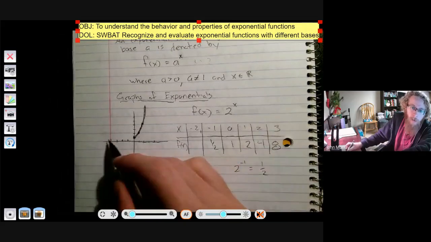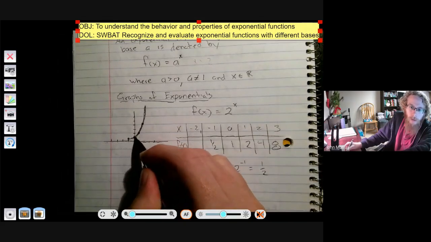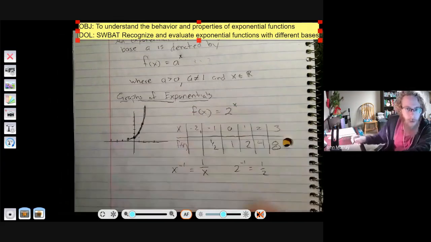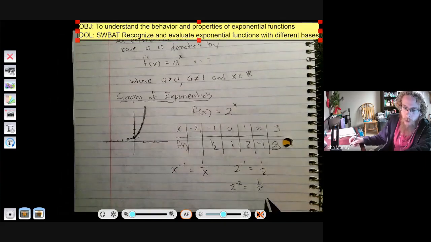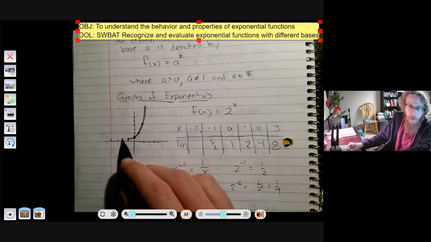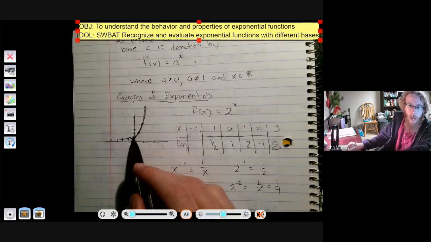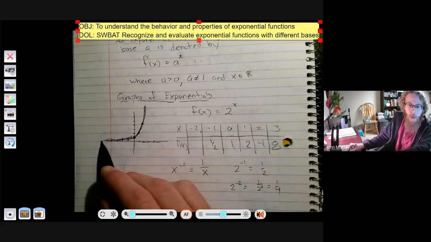Okay, so on this side of my graph, on the left side of the y-axis, it's getting smaller as we go down to the left. If I have 2 to the negative second, well, that's telling me I have 1 over 2 squared, which is 1/4. So even skinnier or even smaller, right? And the whole left side of our graph has that downward trend.